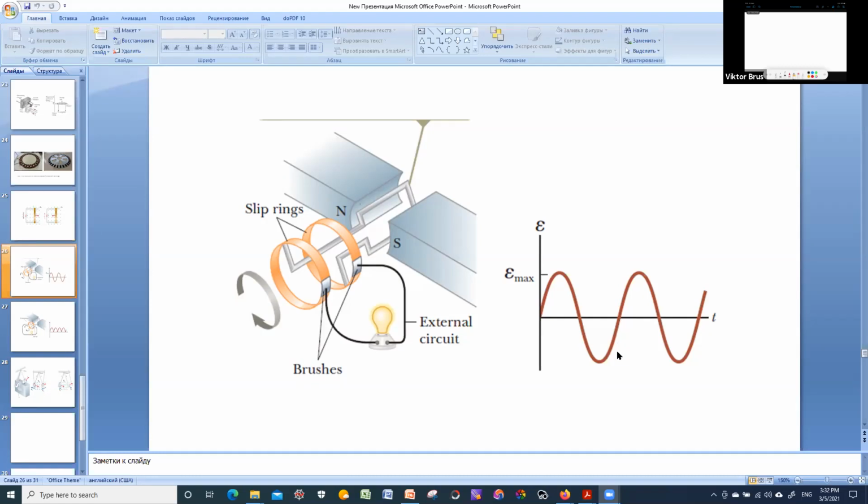And we have half a period with positive values of the electromotive force, and half of the period this generator produces negative values for the induced electromotive force. A similar dependence will also hold for the induced electric current. So this type of signal, when we have half a period positive and half a period negative, voltage or current, these signals are called alternating currents.